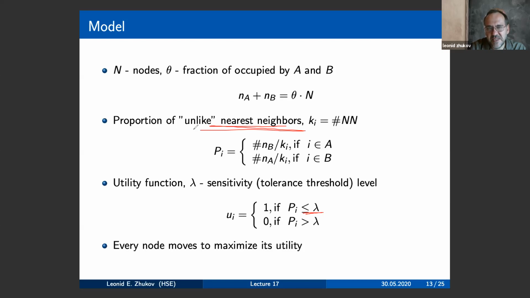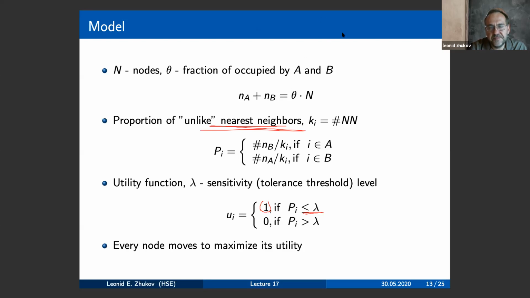If the percentile of people is below the threshold, you're happy. If it is above that threshold, you're not, right? So if the threshold is very low, it means you are not tolerant at all. You don't want to have anybody not like you in your neighborhood, right?